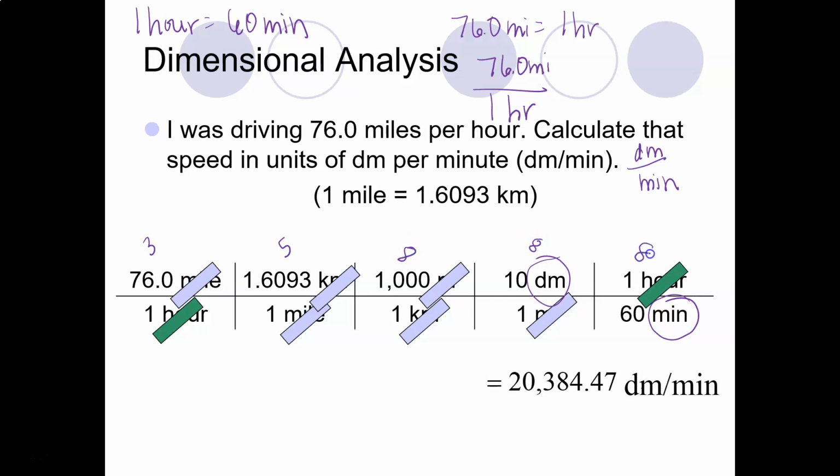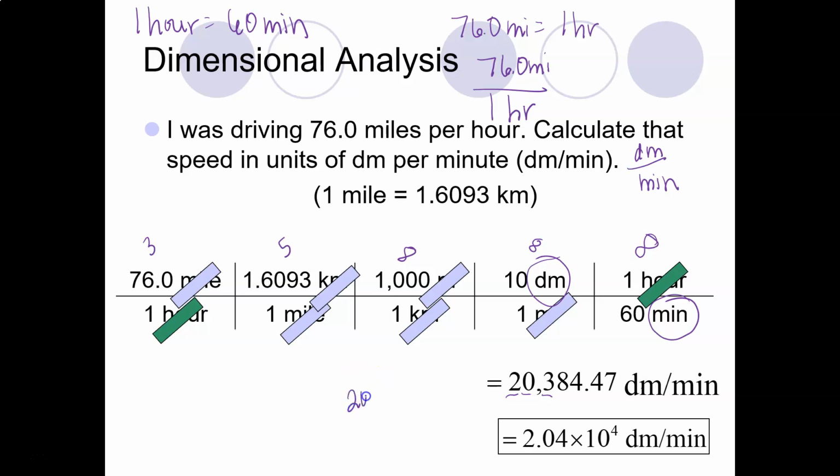This one has infinity because it's the definition of minutes to hours. So what's smaller? 3, 5, infinity, infinity, or infinity? 3. So 1, 2, 3. That 3 needs to become a 4. So it's not going to be 204. It's going to be 20,400. Or, in scientific notation, 2.04 times 10 to the 4th decimeters per minute.